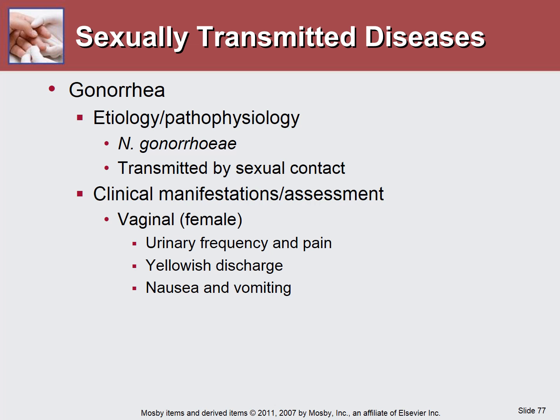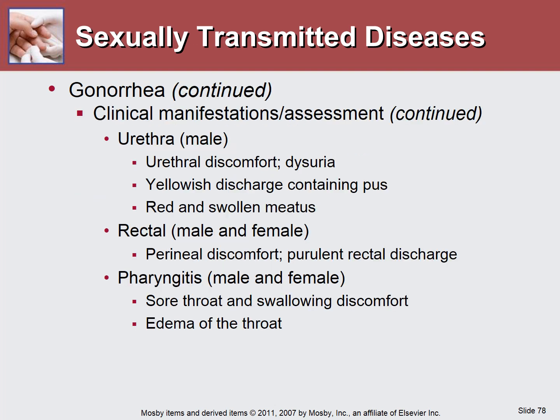All right. So gonorrhea is a sexually transmitted disease that is caused by gonorrhea. It's transmitted sexually, and again, the manifestations are urinary frequency and pain, yellowish discharge, and nausea and vomiting. Next slide.